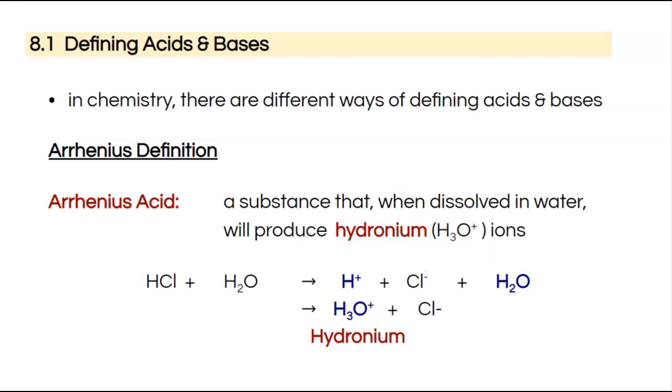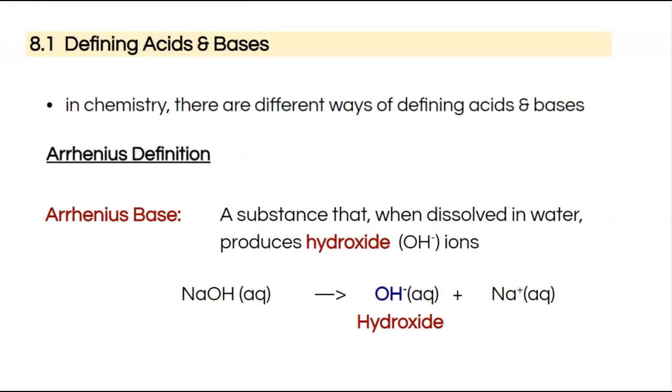But what immediately happens in water is that the hydrogen ion is going to combine with water to produce hydronium, H3O+. So again, I've got an extra hydrogen, which gives me 3 hydrogens in total. I'm taking a substance with a +1 charge and adding it to a neutral substance, giving the new substance an overall +1 charge. And that particle that's produced is called hydronium.